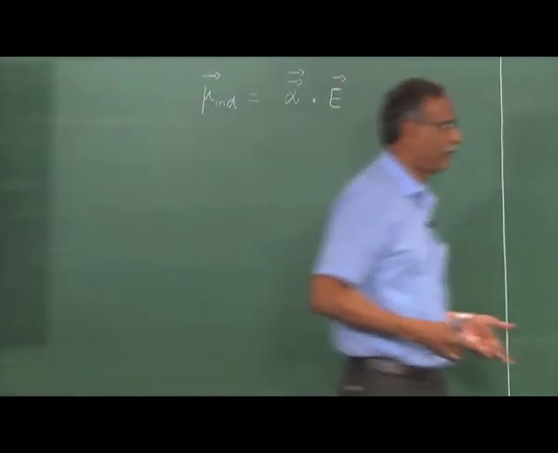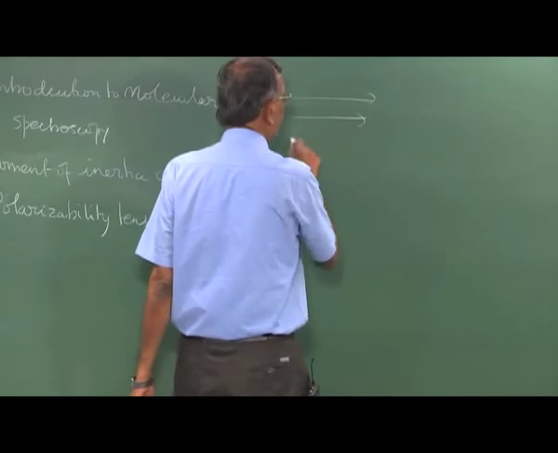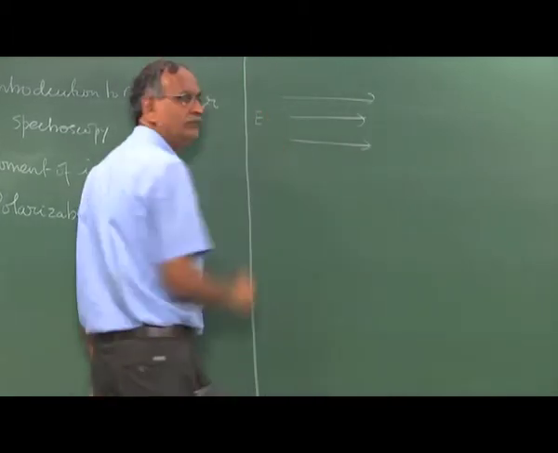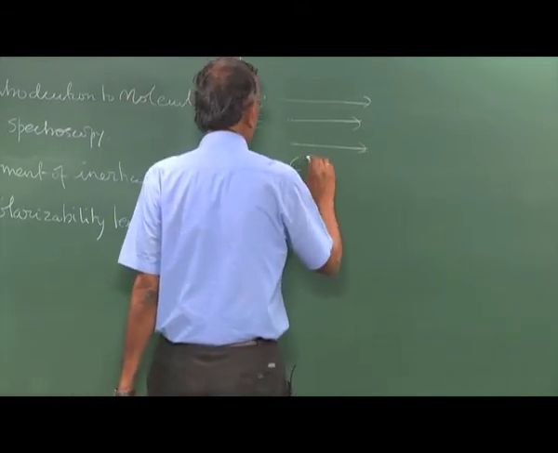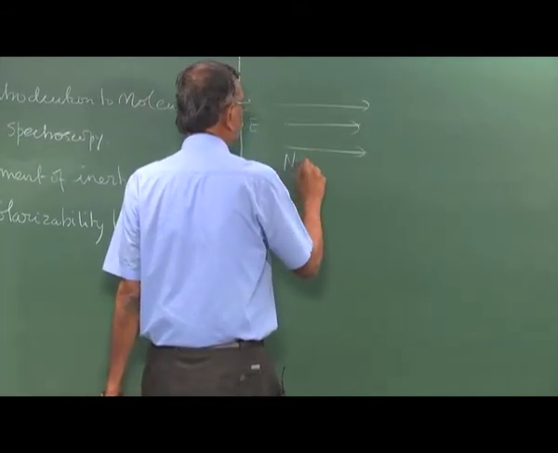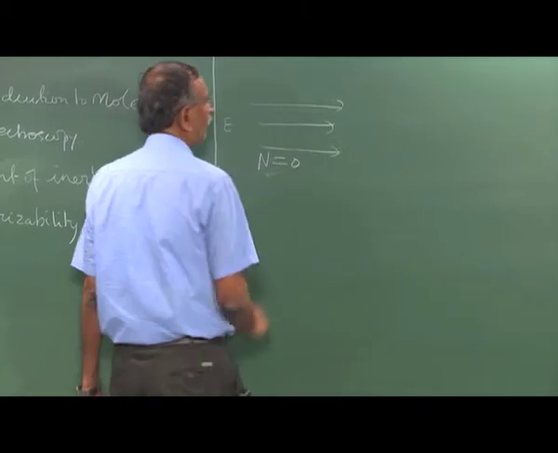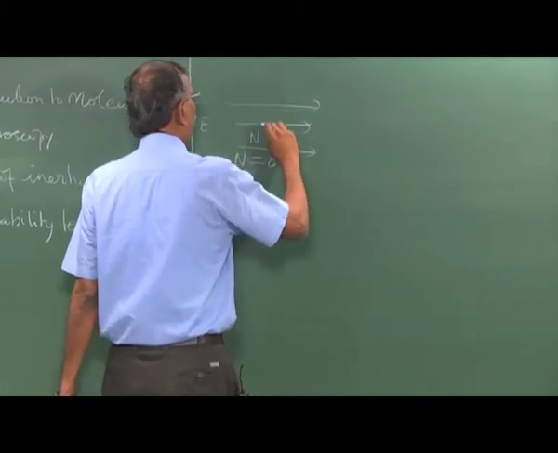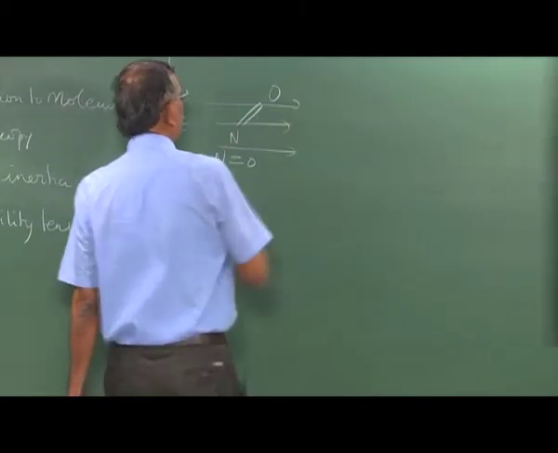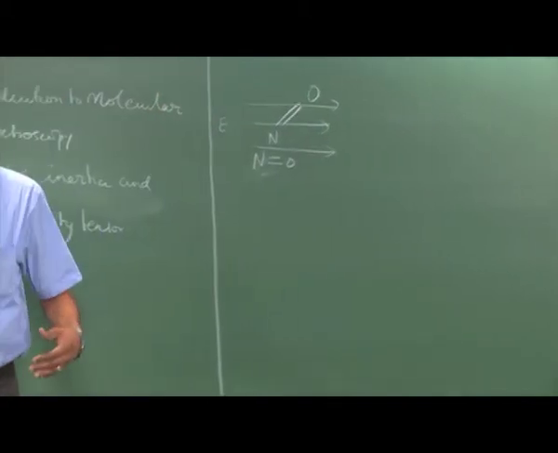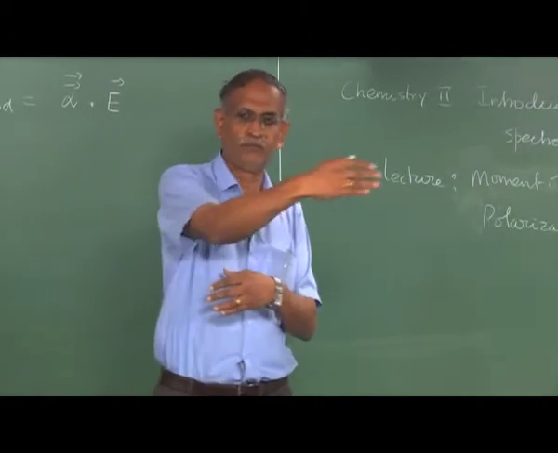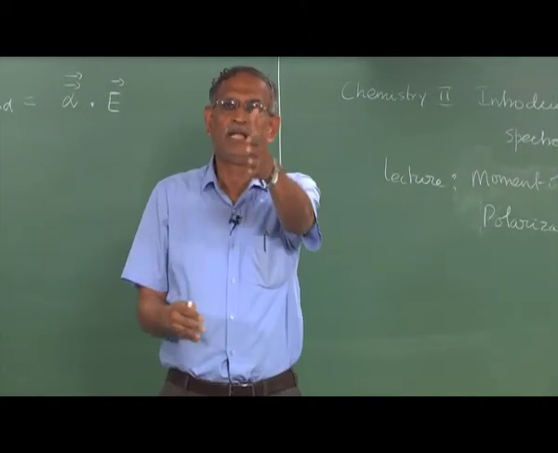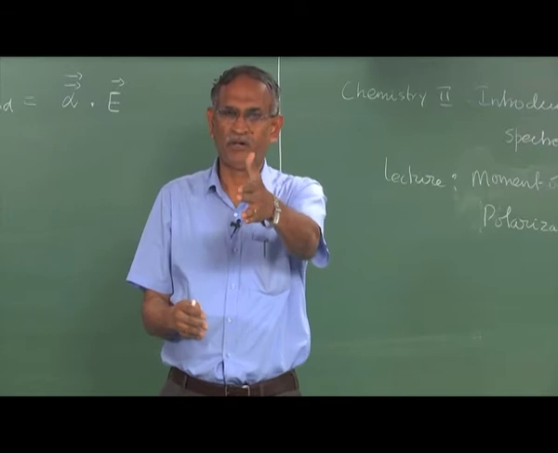What exactly is this picture? Suppose you have electric fields in this direction and you have a molecule, for example say NO. Let us consider NO to be in this direction. Suppose the field is pointing in this direction, and the NO molecule is sitting in a perpendicular direction.